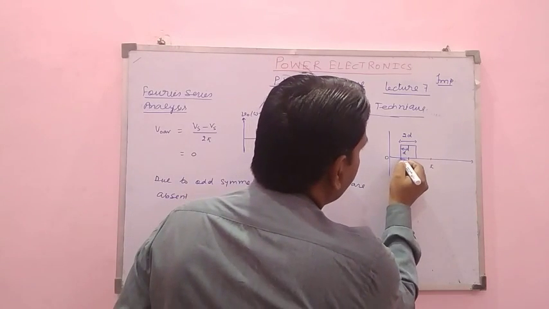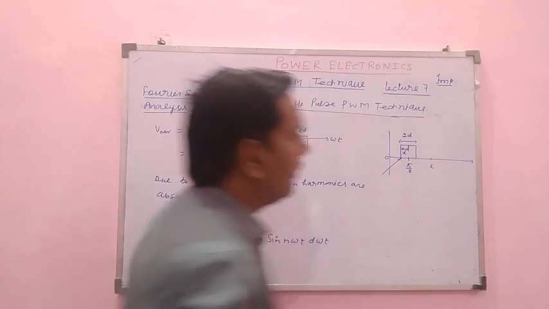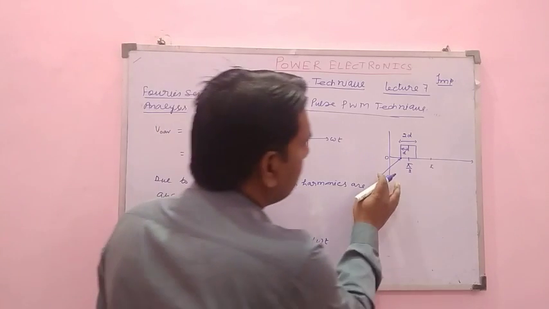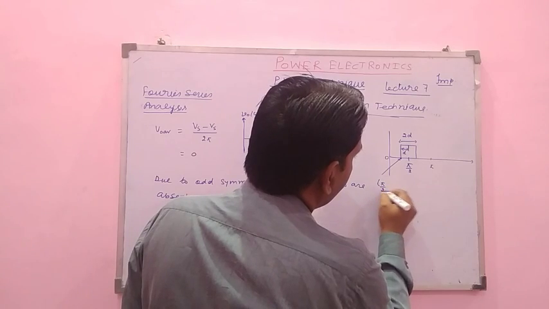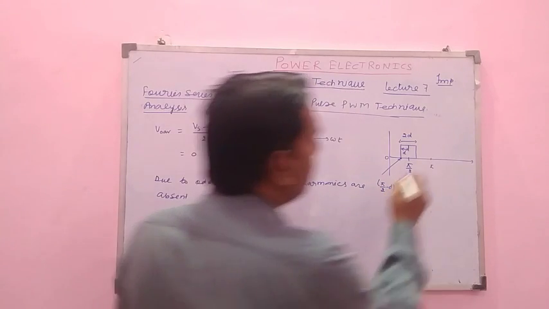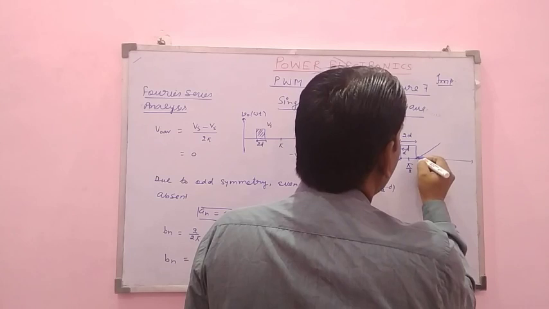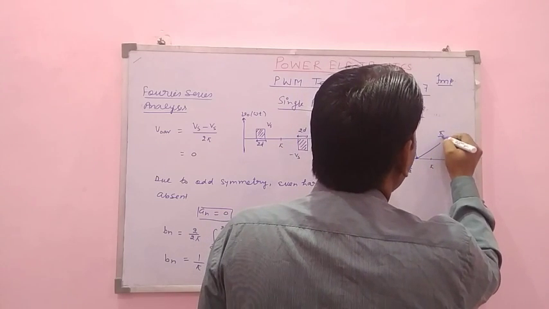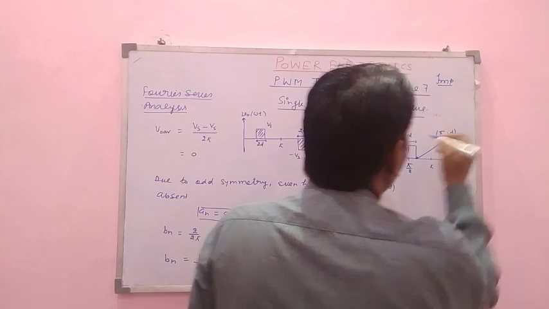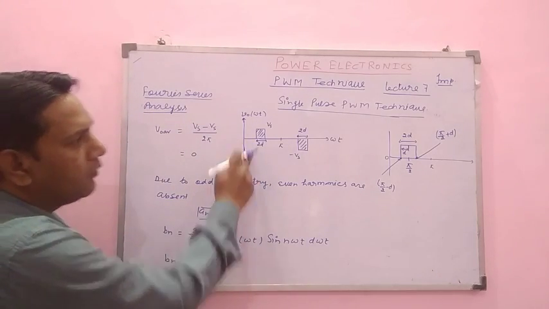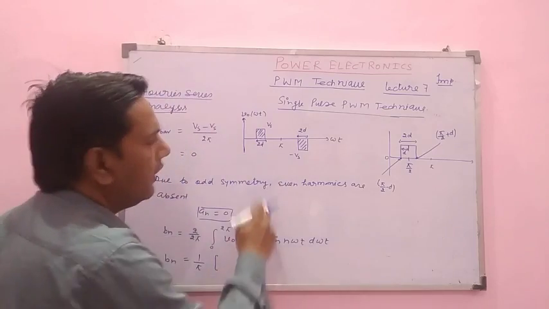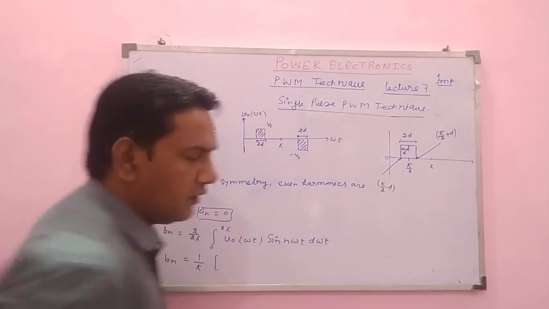We have to determine the lower limit. The lower limit will be pi by 2 minus d, and similarly the upper limit of this pulse will be pi by 2 plus d. So for this first positive pulse, the lower limit is pi by 2 minus d and the upper limit is pi by 2 plus d.